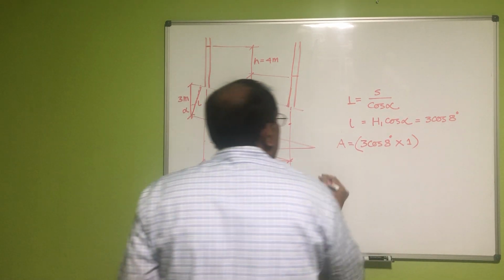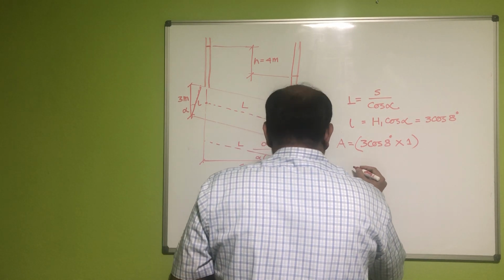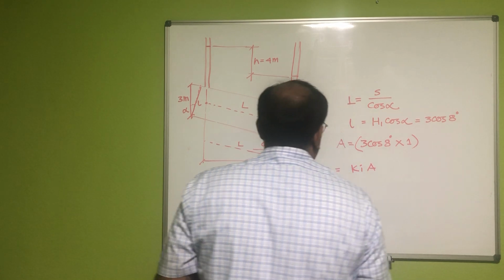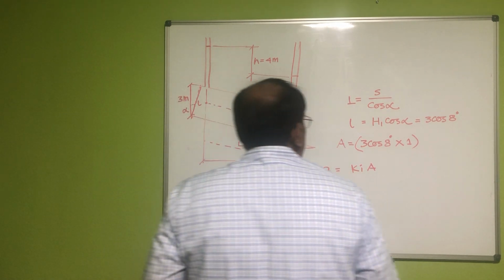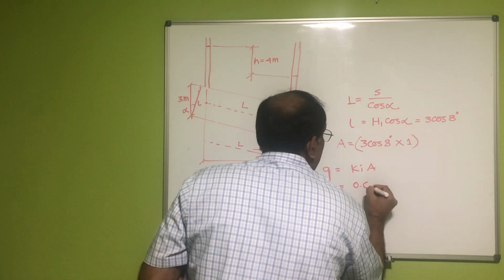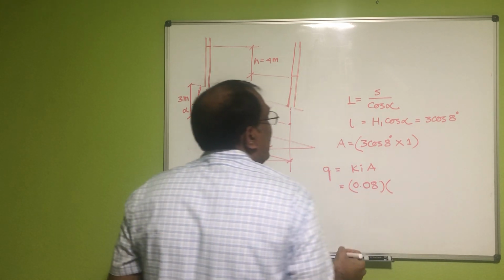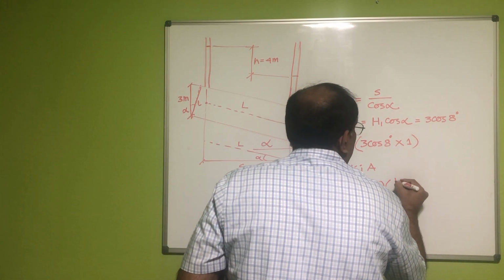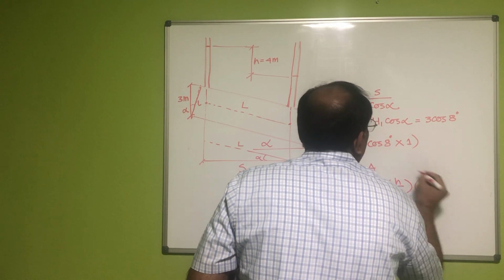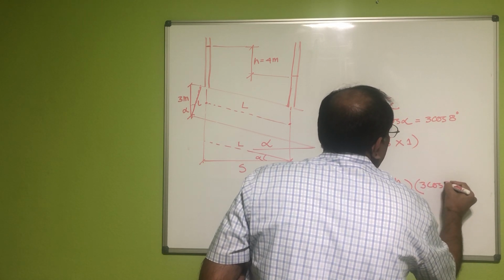Now we know that flow rate Q is equal to K I A. K is given, which is basically 0.08. I is equal to H by L, and area is basically 3 cosine 8 degree.